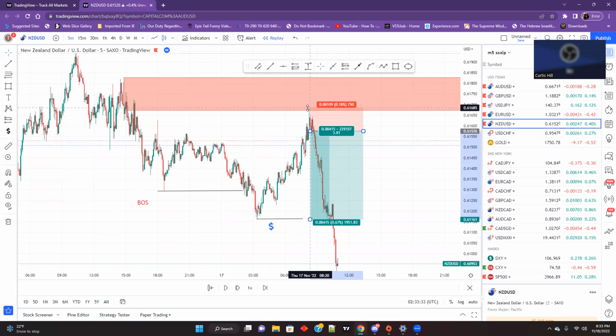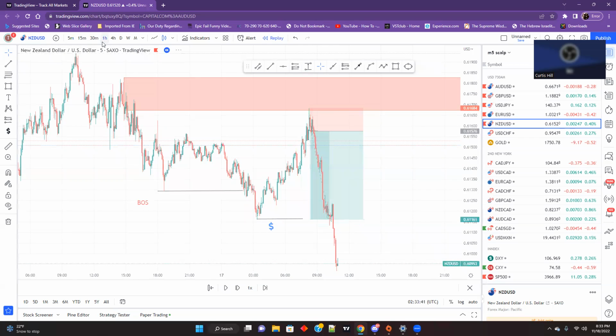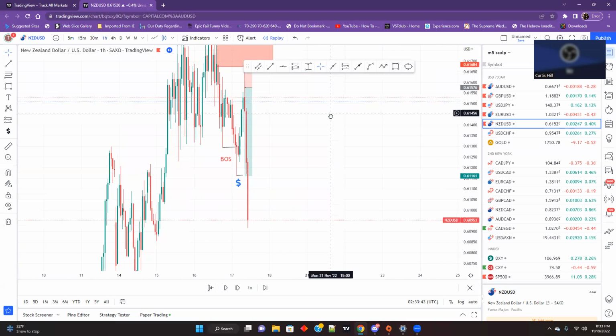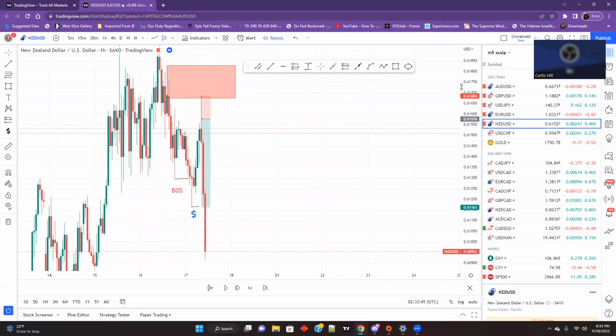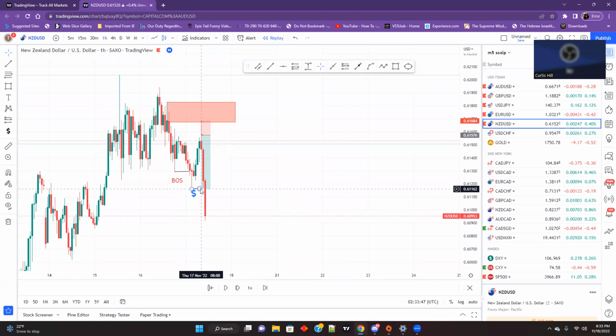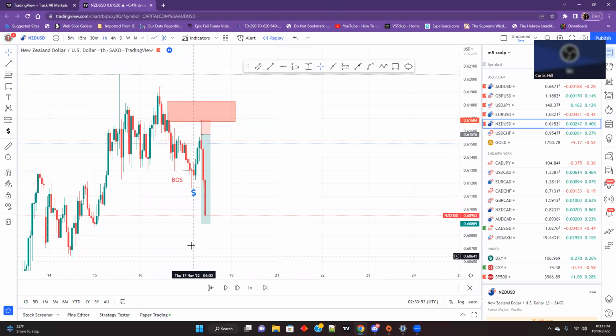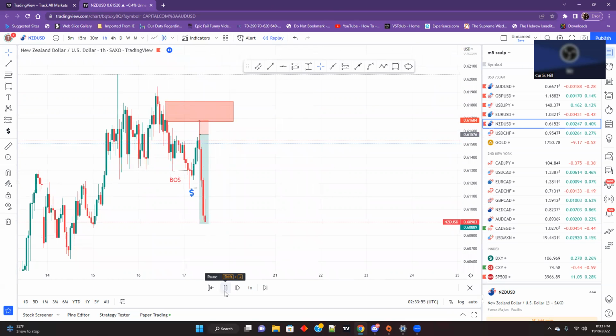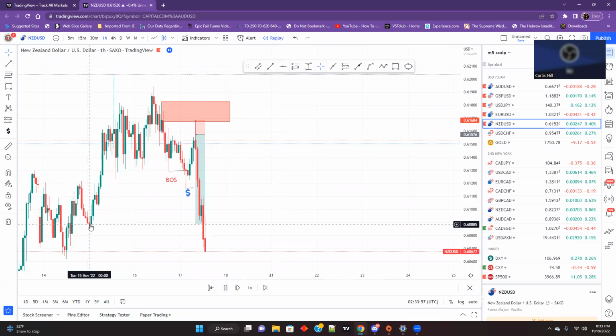But if I would have put it at the top of that wick like that, that would have been almost a 4R trade, almost. And remember, this was a H1. It tapped the H1 and dropped like that. So I could have had it to them lows. And I think that's where it went. It went down them lows, didn't it? Yep, I took them traders out.